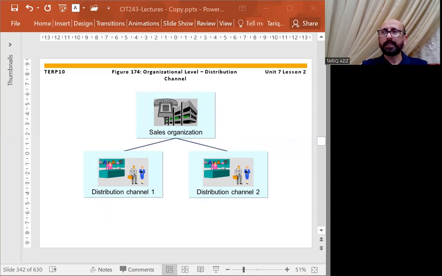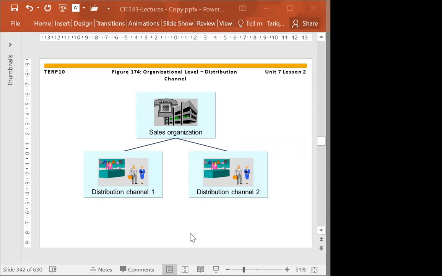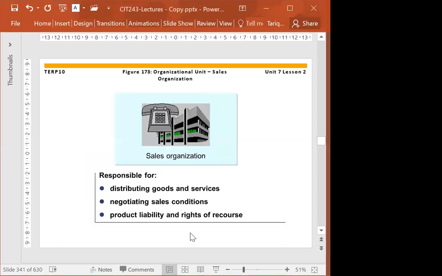Another important thing that I must say, again very important from the exam point of view, is that each sales organization is unique in company code. Or you can say each sales organization has a unique company code.